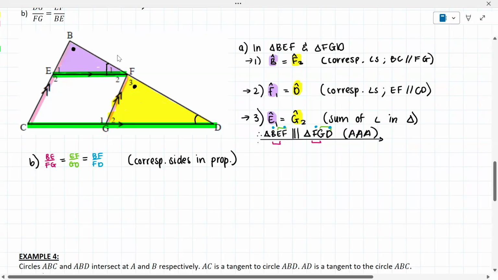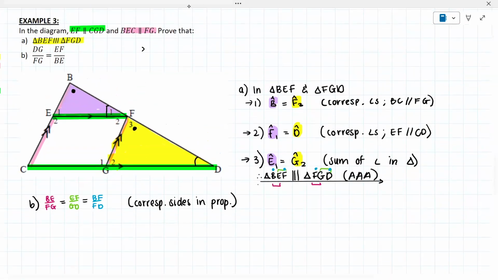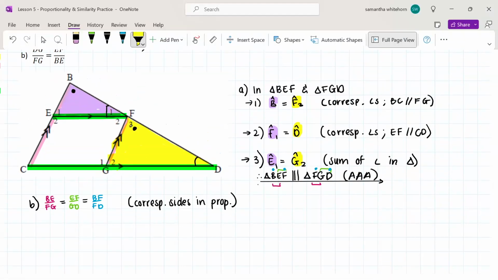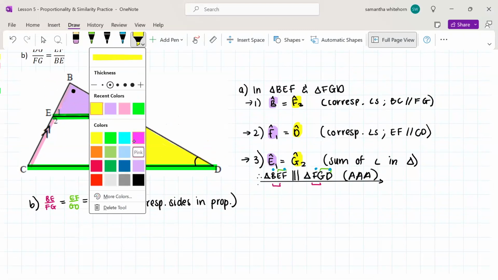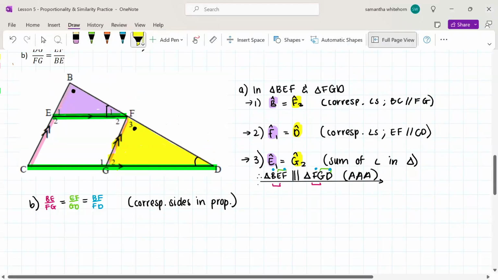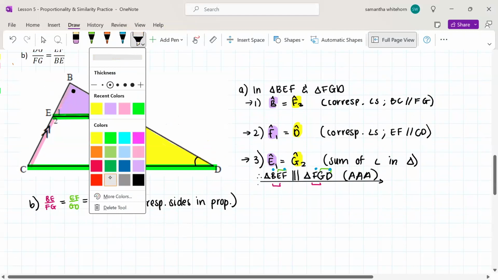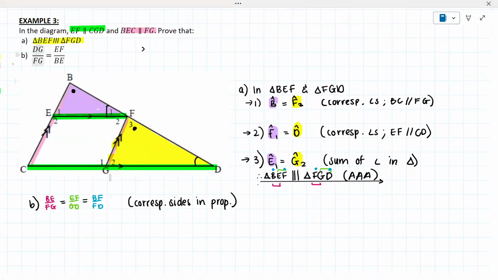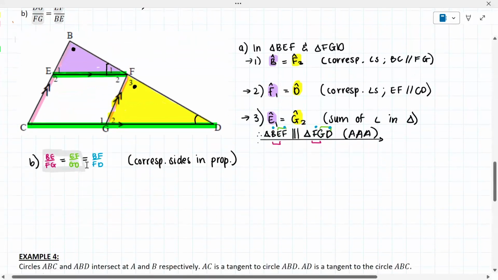Now that we have that, we can double check what we want. Yes, we saw it was a ratio question. Let's first sort out what we need. We need DG, FG, EF, and BE. So here's DG, here's FG, there's EF, there's BE. We are going to work with the first two fractions in the ratio I've just set up.